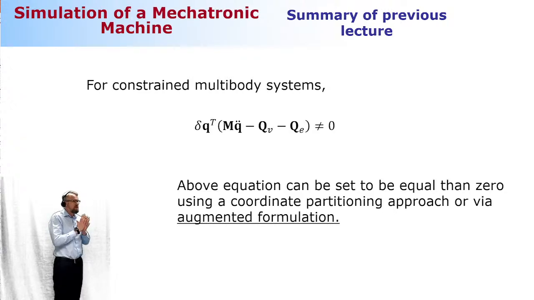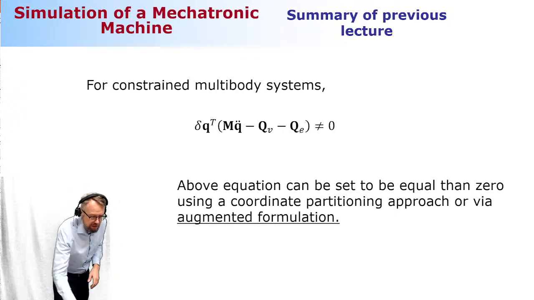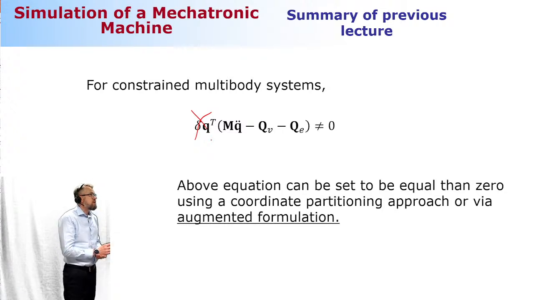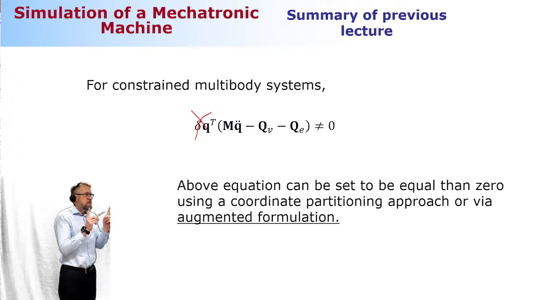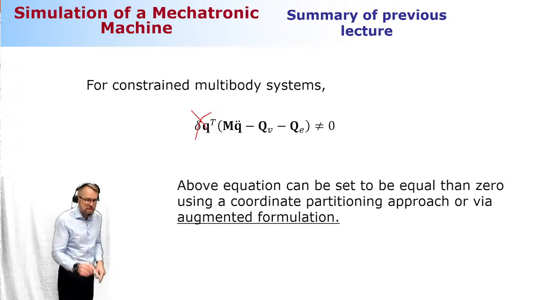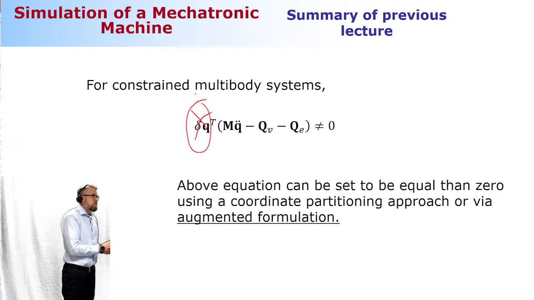This equation is very often misused, in the sense that you say, okay, you can ignore this delta Q and set this to be equal to 0. This is valid under one condition only: this virtual displacement needs to be kinematically admissible.